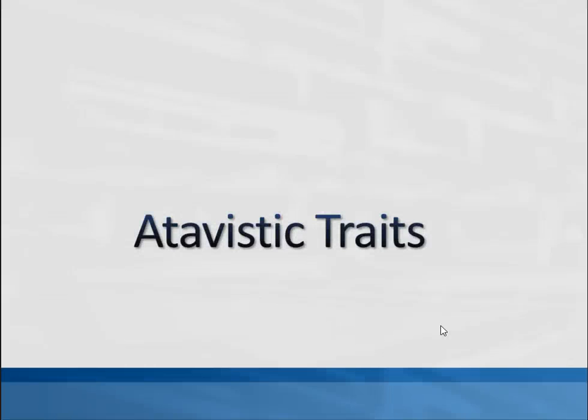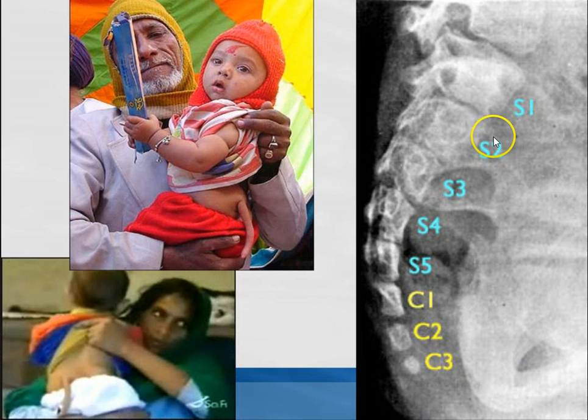Okay, so let's talk a little bit about atavistic traits. Sometimes you get traits that are supposed to be vestigial, or they're supposed to be absent once you develop, and then they don't. Here's a really good example. The human tail. See, this little baby has a tail.